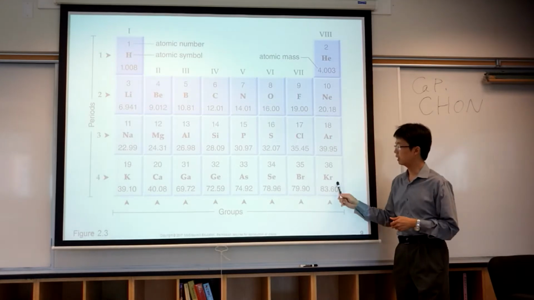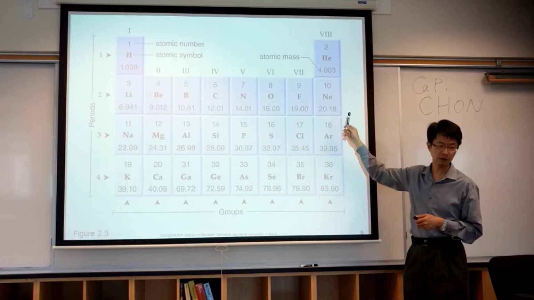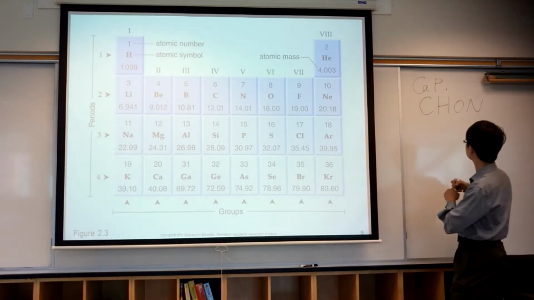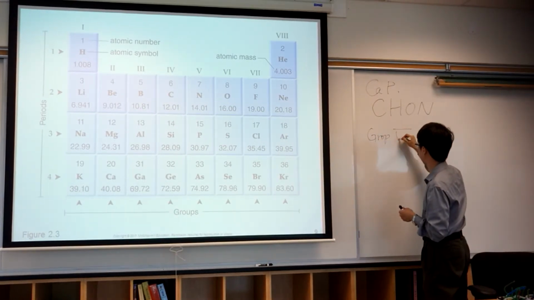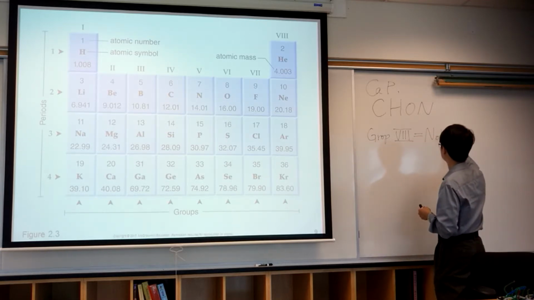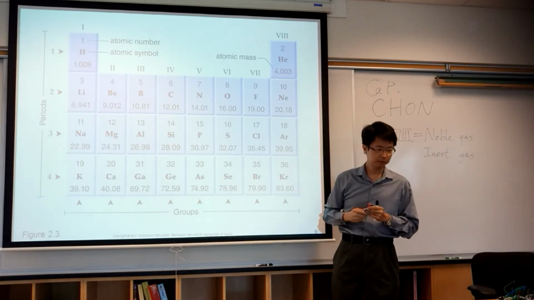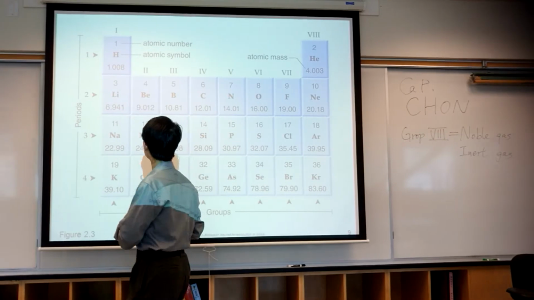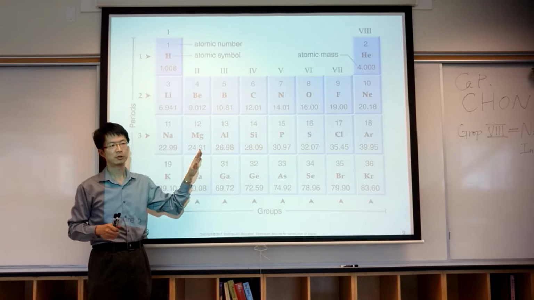For this group, group number 8, we call this noble gas or inert gas. The reason is that all of these elements want to become noble.